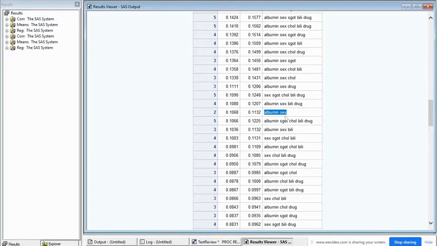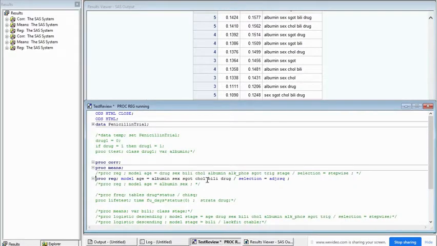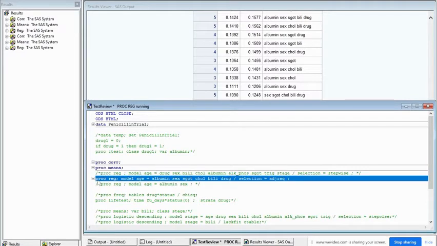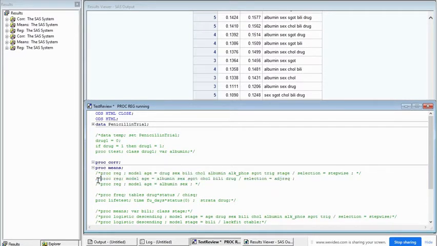So we're only going to add albumin and sex into the final model, which is right there. And then there we go. Then we're going to run that model.